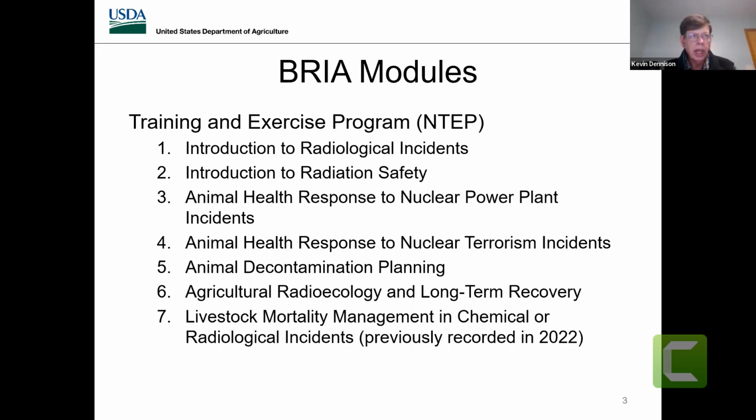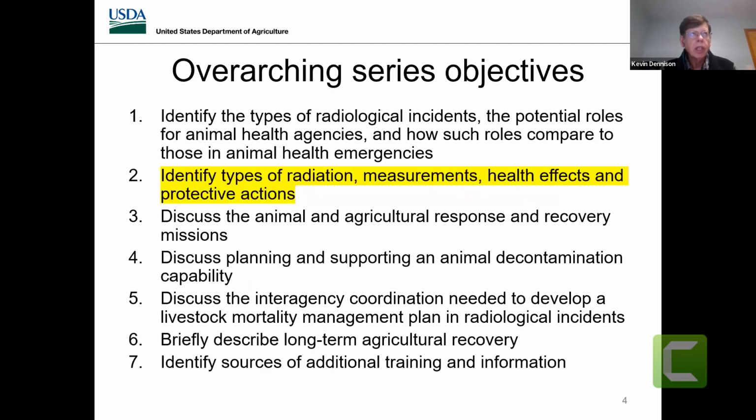The livestock mortality management in chemical or radiological incidents is one that I recorded a year or so ago. So the overarching objectives are here, and today we're going to look at the second group of objectives, which is to identify the types of radiation measurements, health effects, and protective actions.